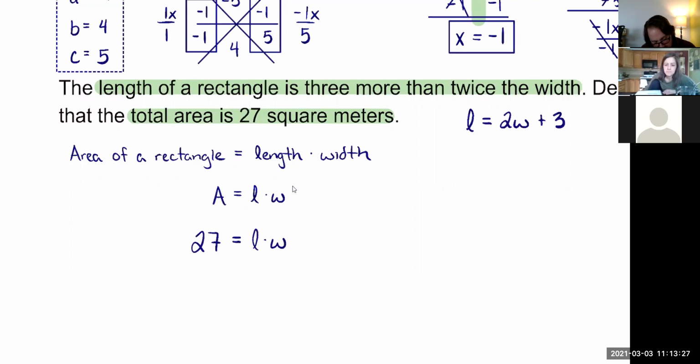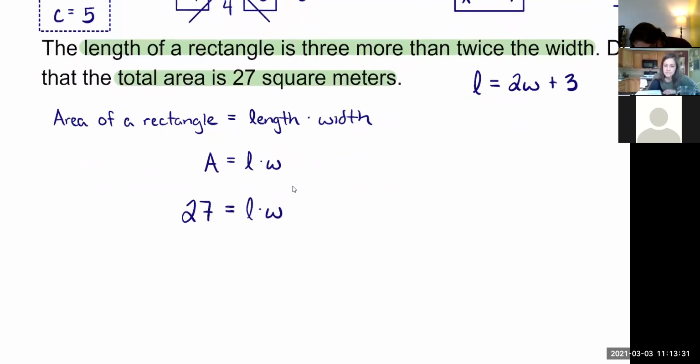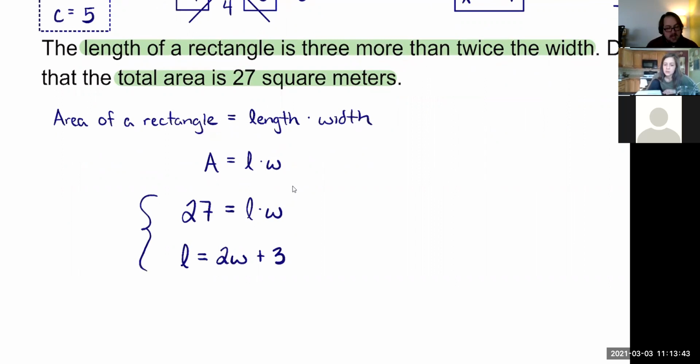Now, it's probably bringing back horrific nightmares because this looks an awful lot like a system of equations. In fact, if I bring it over here, now it really looks like a system of equations. I know that the area of the rectangle is 27, and to find the area, you have length times width.